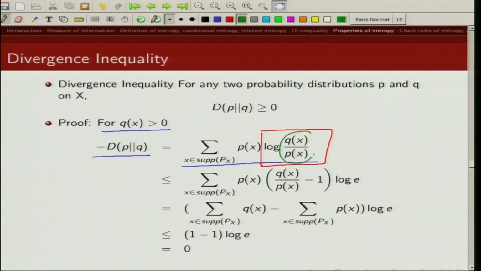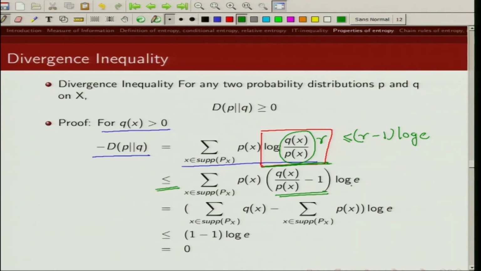Think of this as my R. So I have log of R. Now log of R is less than or equal to R minus 1 times log of e. So this particular term is less than or equal to R minus 1 times log of e.